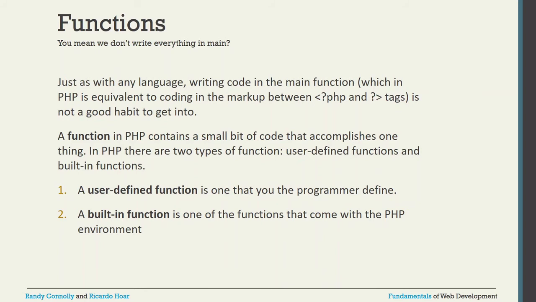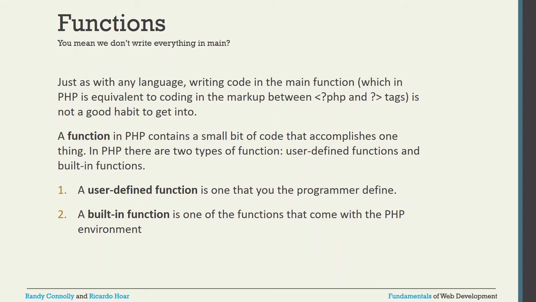Another very important thing is the function. You know what the purpose of a function is? A function is a set of statements that you can reuse again and again whenever you want. A function in PHP contains a small bit of code that you can use again and again anywhere inside the PHP tag.